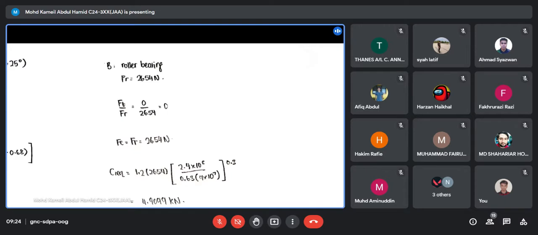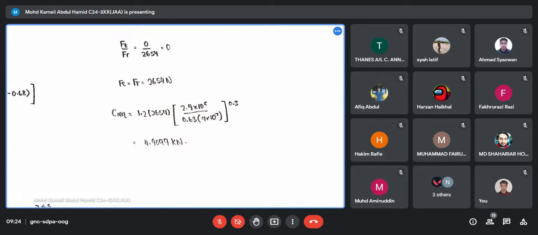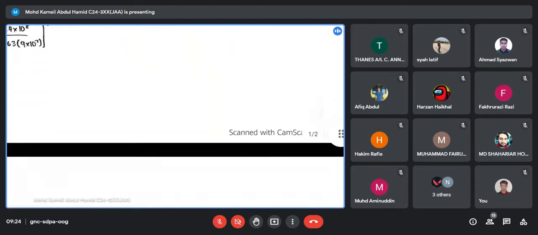So FE is 2654. Okay, that's right. FT is 0. Okay, calculate your C required. C required is 4.9. Okay, that is fine. 4.9 kilonewton.